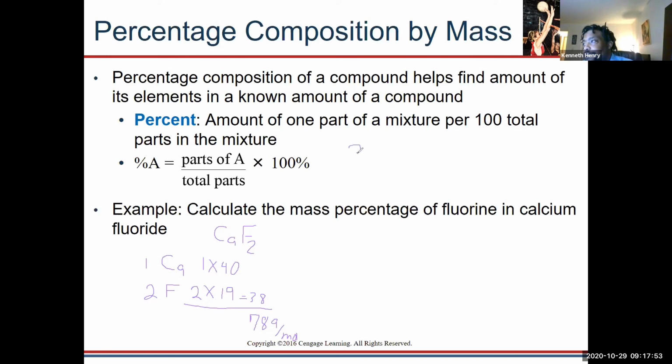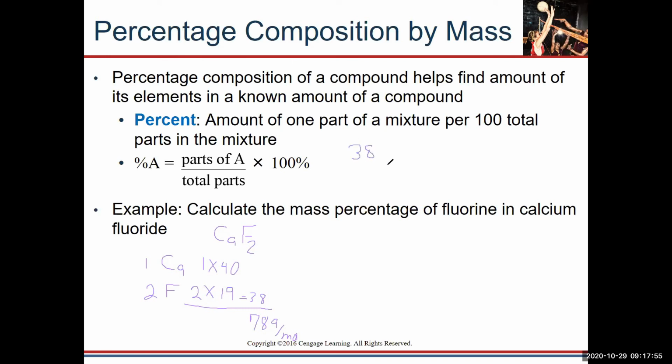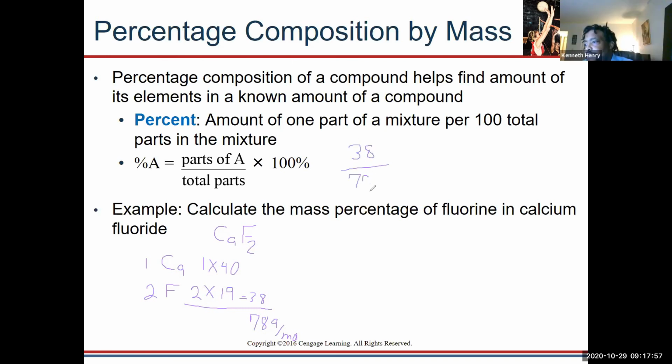So 38 over 78, times 100. And then that's going to give us our percent mass for fluorine, or the fluoride in the compound.